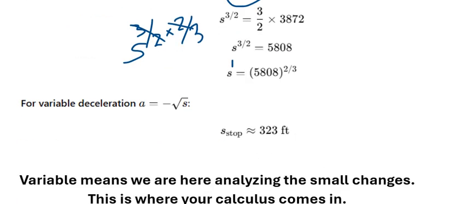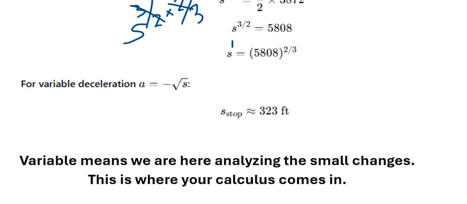Calculate it, and you will end up getting about 323 feet. Just put it in Excel, 5808 to the power 2 by 3. How much is it? Enter, and it will give you 323 feet. Again, your variable deceleration.